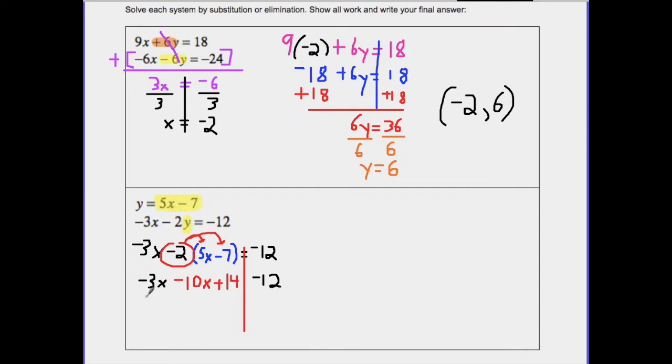All right, so now we combine like terms, -3 and minus 10, we get -13x. We have this plus 14 still, and we have a -12 over here. So now we need to do some inverses here. So I need to do a minus 14, minus 14, I do that on both sides.